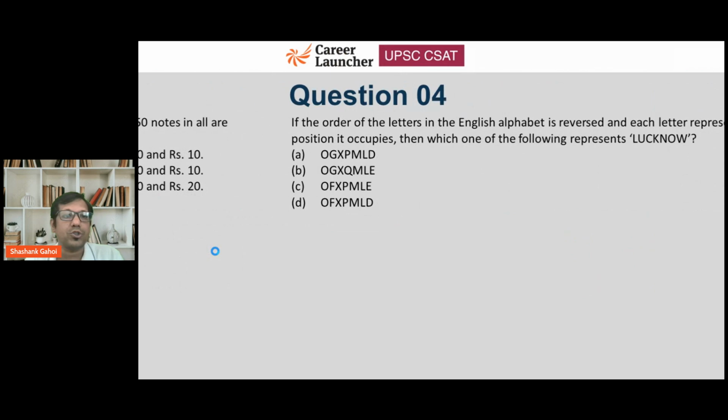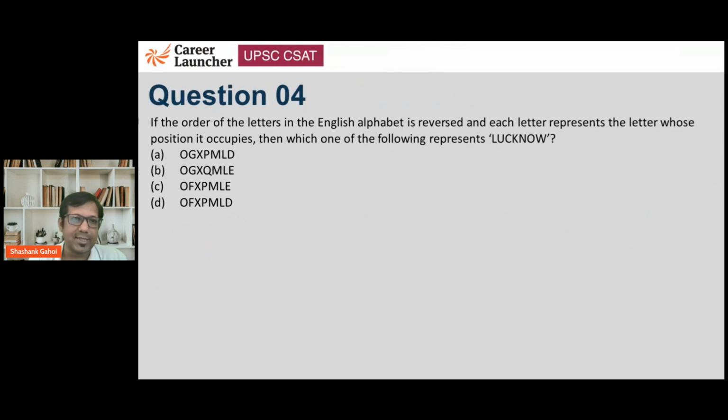Now let's look at question number 4. What does it say? If the order of the letters of the English alphabet is reversed, and each letter represents the letter whose position it occupies, then what is the arrangement for Lucknow?